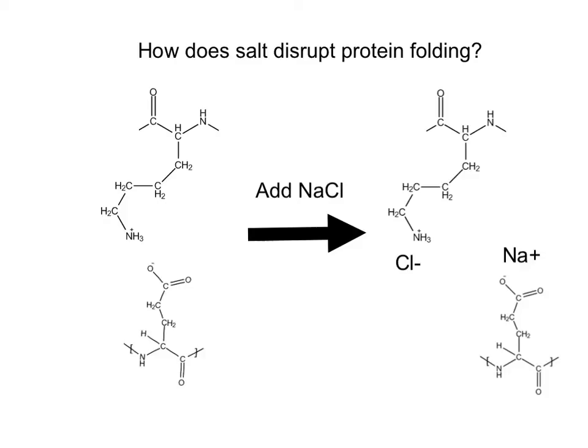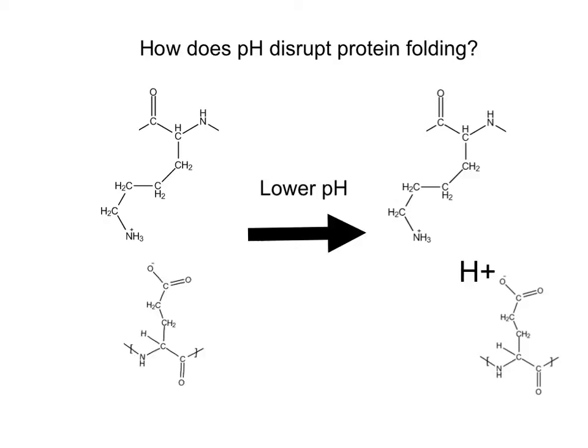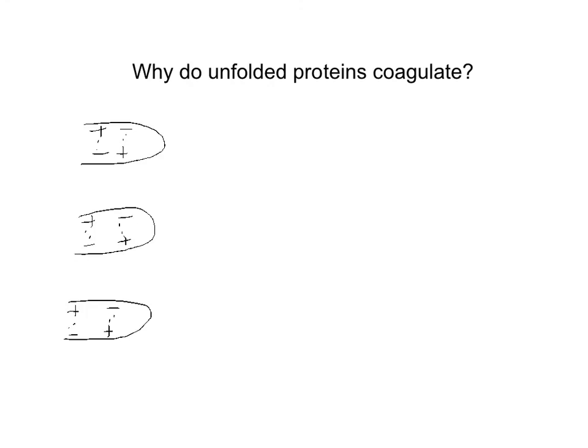And that will allow the amino acids to float apart from each other and lead to the protein unfolding. You already saw one way that pH disrupts protein folding, by neutralizing charge, but there's another way that's very similar to salt. Here we've just added more protons, and the protons are pairing with the negatively charged amino acid to disrupt an ionic bond.